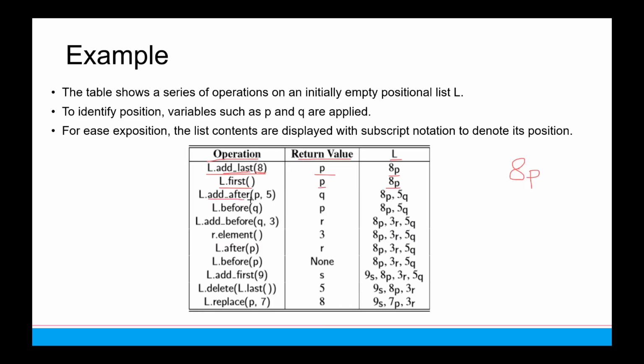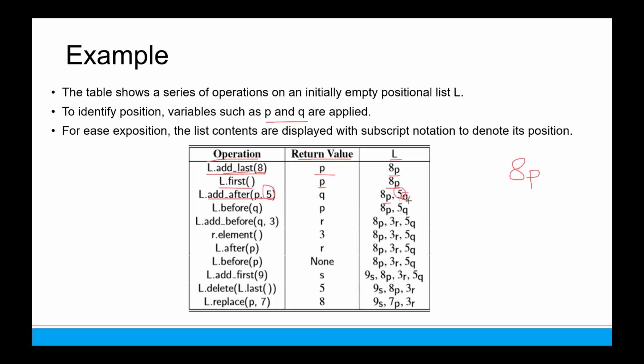If we want to add after P, then the element 5 will be added, and then we will use Q. As I mentioned before, we use P, Q, R, S for the position indication.